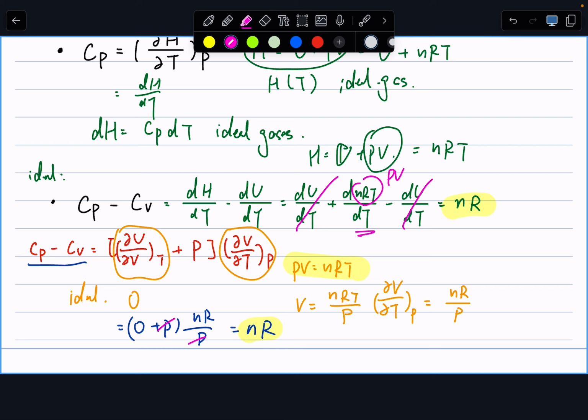I'm just rewriting my volume by moving the pressure to the right-hand side. From PV equals nRT, you have V equals nRT over P. And you take the derivative, dV over dT, that's just nR over P. We only have one temperature in there.